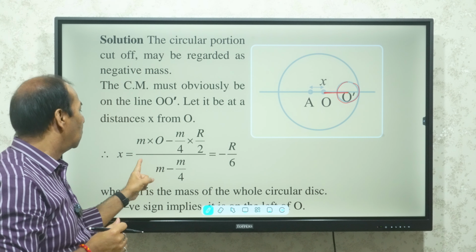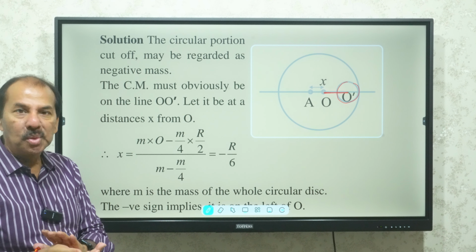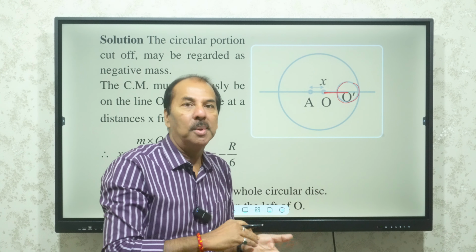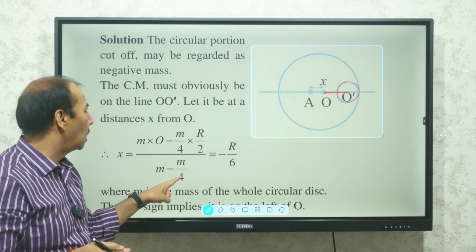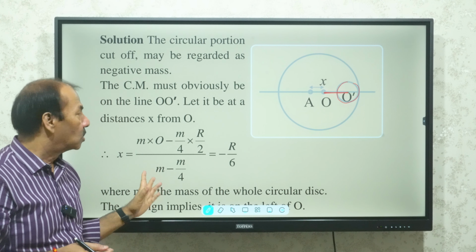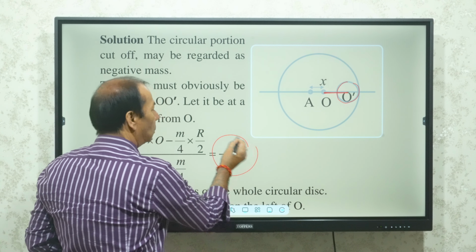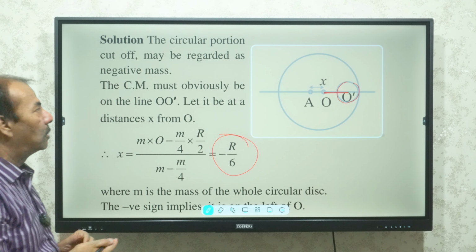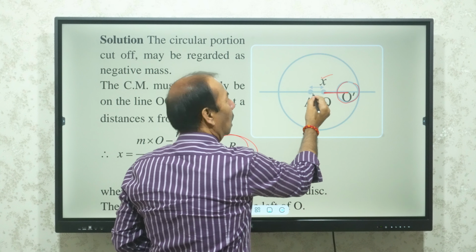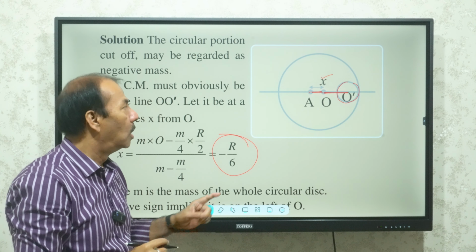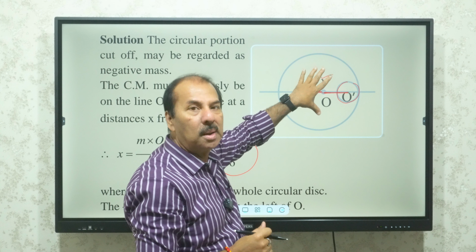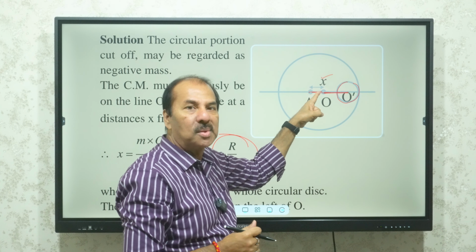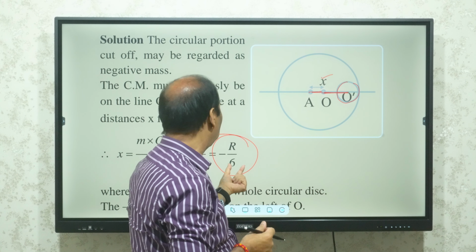So this is divided by m1 plus m2 in general, but here we have not added this mass, it has been removed, and because of that we will consider m1 minus m2, say m minus m by 4. Simplifying, you get minus R by 6. This negative sign implies what? If we have taken this x as the distance from O, it means the center of mass of the remaining part lies on the left side of the point O, at a distance of R by 6.